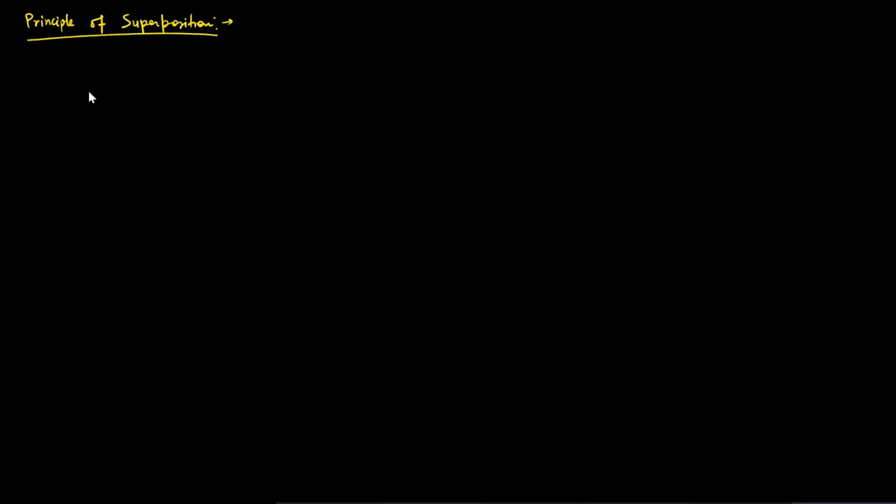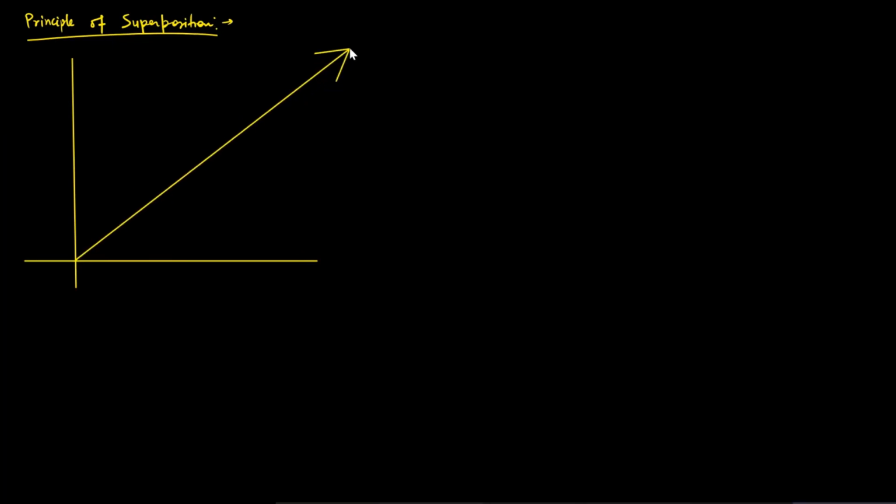Now to understand the principle of superposition, again we are going to take the help of the Cartesian coordinate system. Let's say there is a charge Q naught having position vector R naught, and other charges are also present.